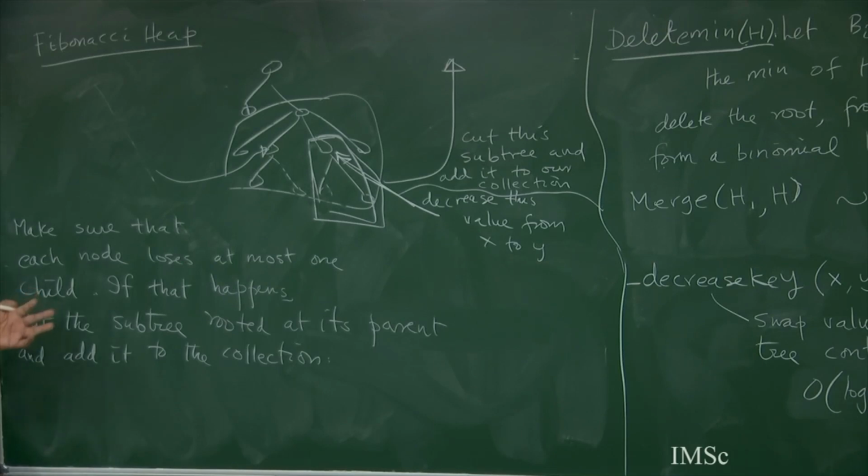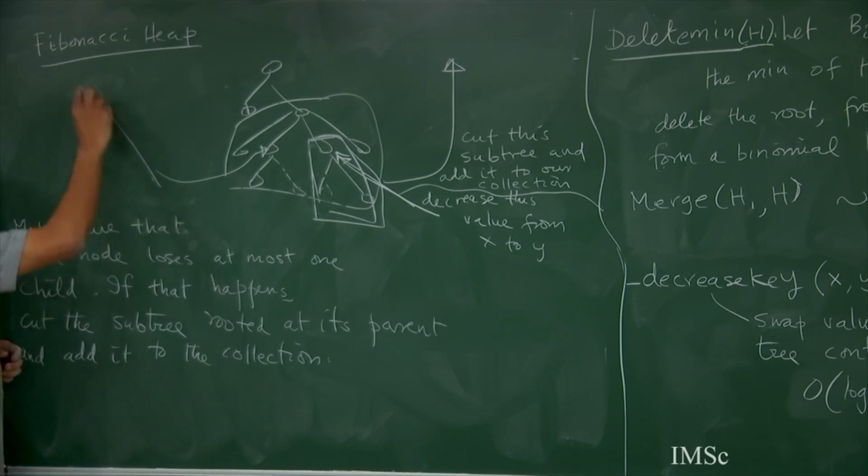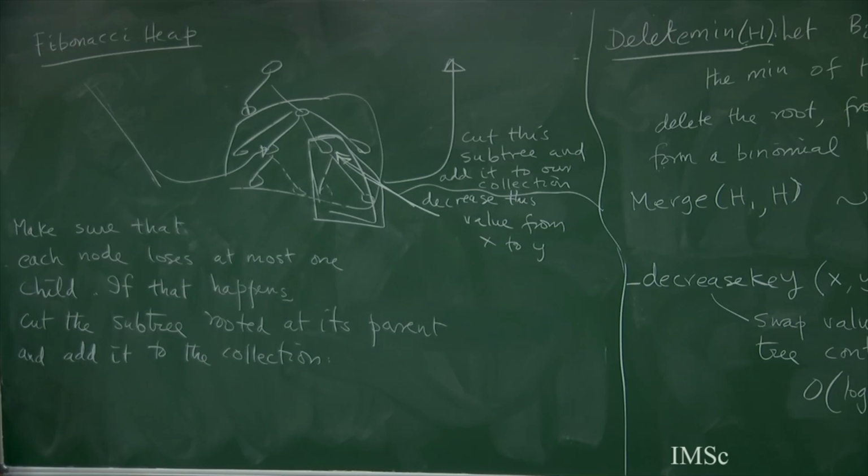But the serious problem, or the hard work we need to show, is that the height of the tree, any of these trees, will remain logarithmic. The number of trees is going to blow up now, because every decrease key may just cut the subtree and add it, and we use the fact that the number of trees is log n. That's going to be off, and we need to deal with that.